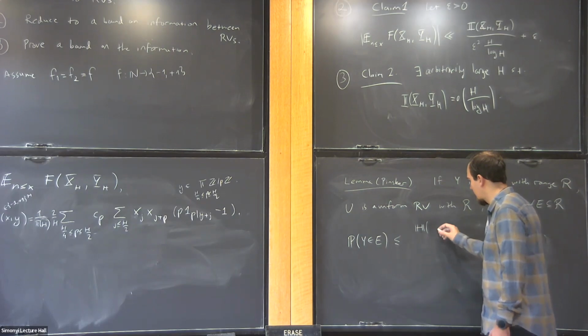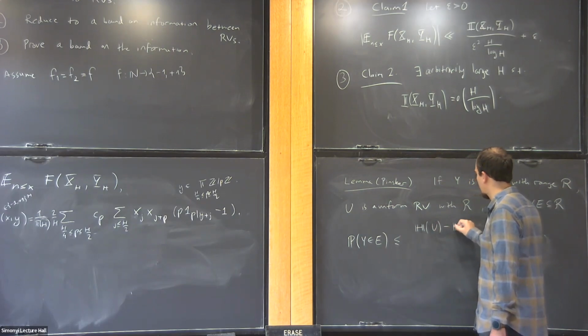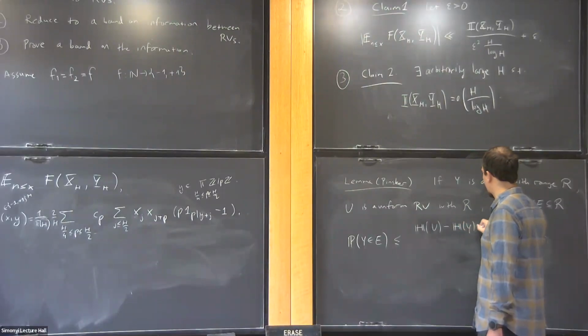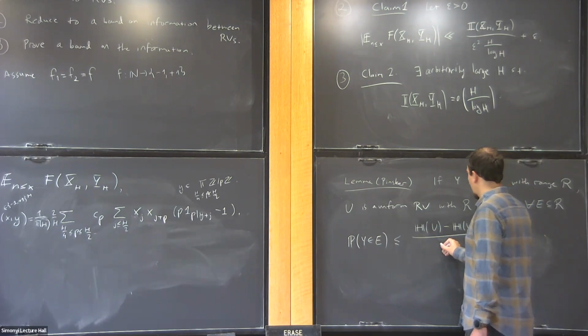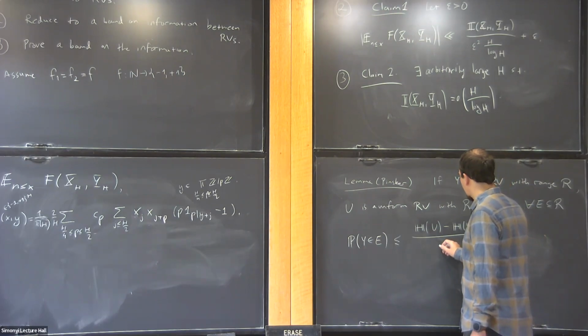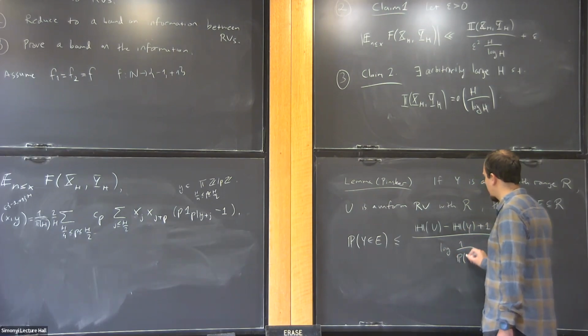So this is how the entropies arise. Divided by log of our probability U.